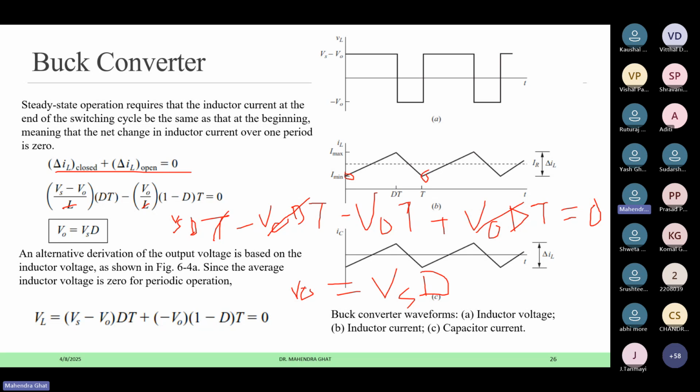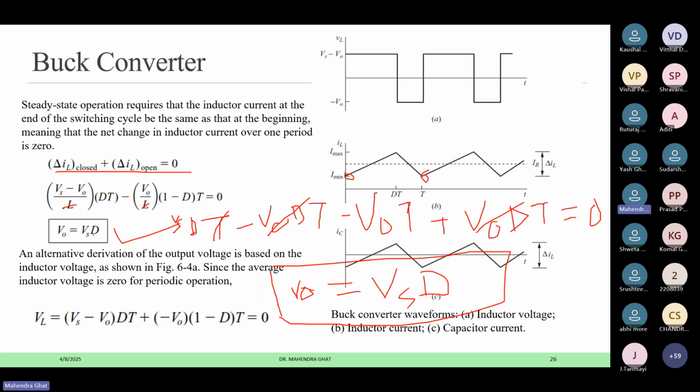So output voltage is equal to input voltage into d, which we wanted to have for the control. So this is the equation we got for the operation of the buck converter. By varying d, you will get the output voltage Vo.